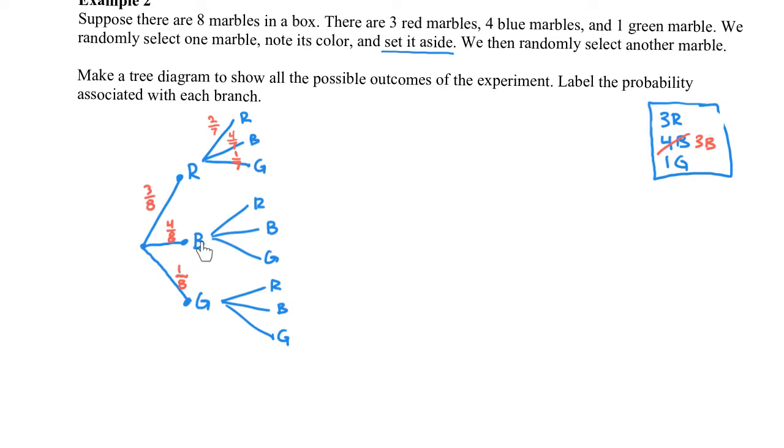We choose the first marble, it's blue, we set it aside. So here's our new situation. There's 7 marbles, 3 blues left. So the probability that I pick a red marble now is going to be 3 out of 7. Probability I pick a blue marble under these conditions, also 3 out of 7. And probability I pick a green marble, 1 out of 7.